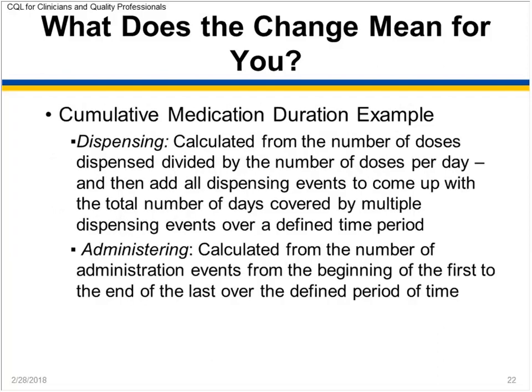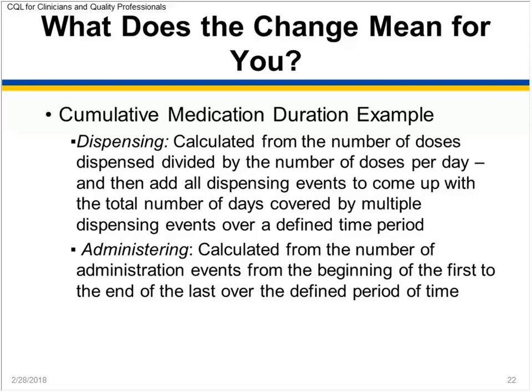Example here, when I mentioned earlier the cumulative medication duration example, before all of the information was only in the guidance. Now in the logic within the measure with the CQL, you can see that if you're looking at medication that was dispensed, you can calculate from the number of doses dispensed divided by number of doses per day, and then add all dispensing events to come up with the total number of days covered.